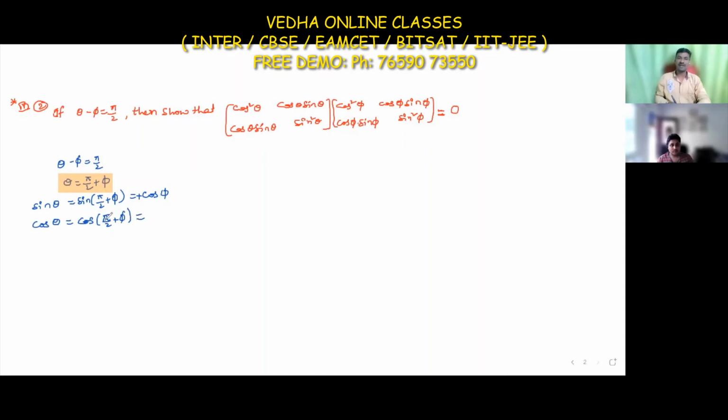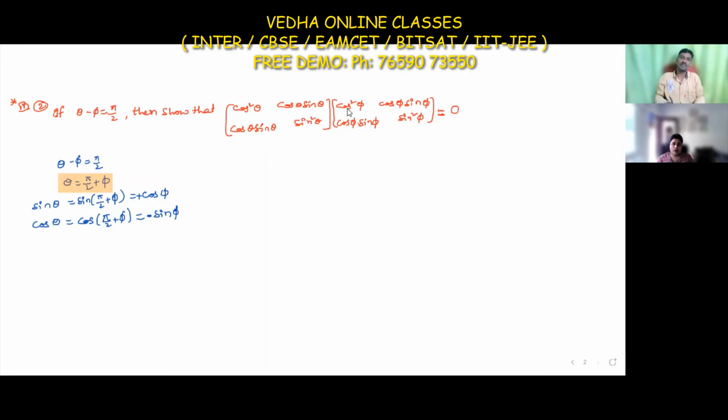So when we have pi by 2, cos is replaced with the sine function, sine of 90 plus phi. In the second quadrant, cos is negative. So we get minus sine phi. Now take the LHS.